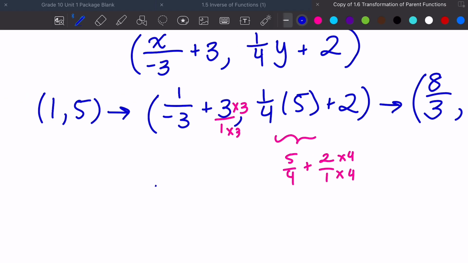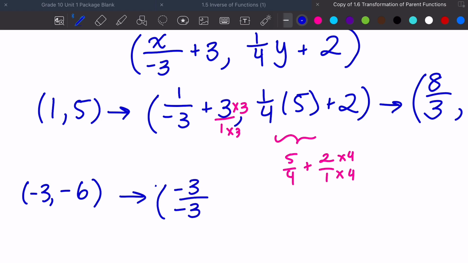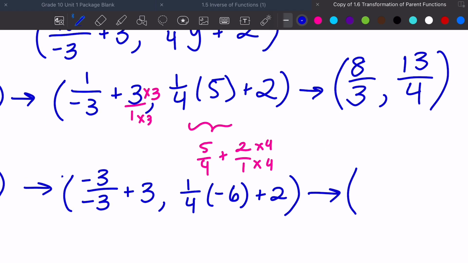Same thing if I do negative 3, negative 6, I'm doing the same thing where I'm replacing the numerator. So negative 3 divided by negative 3 plus 3. And then 1/4 times negative 6 plus 2. Which, okay, negative 3 divided by negative 3, that's just something divided by itself. So that's just 1. And 1 plus 3 is 4.